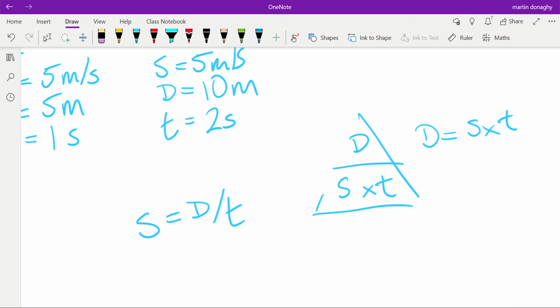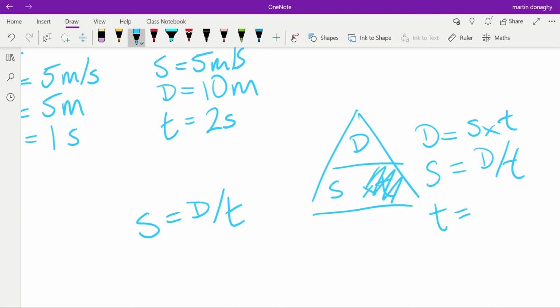However, if we look for speed and forget about it in our triangle, it tells us that it is distance divided by time. And if we look for time, so we forget about that in our triangle, it tells us that time equals distance divided by speed. Now that works well, and if you want to use it, you can use it.